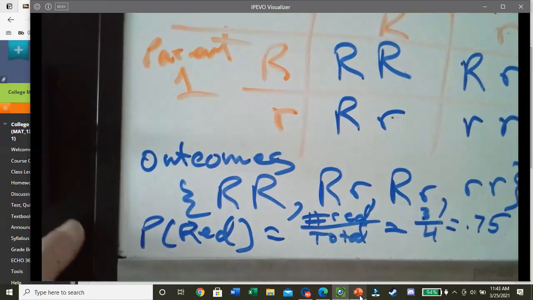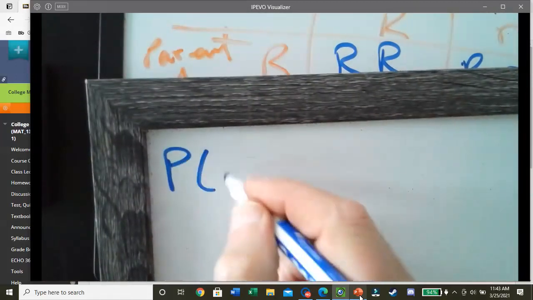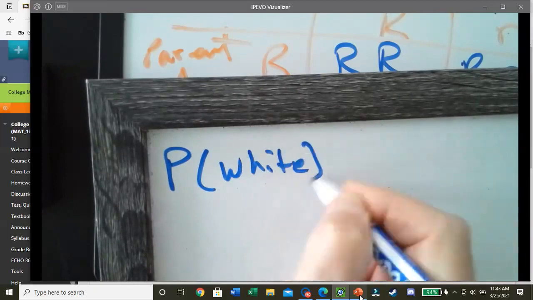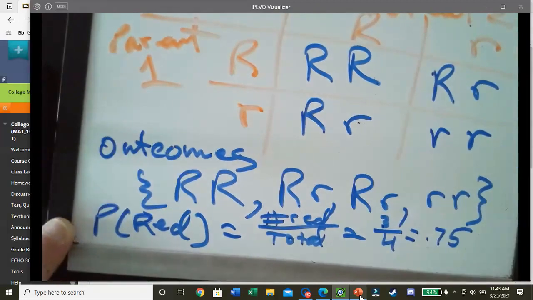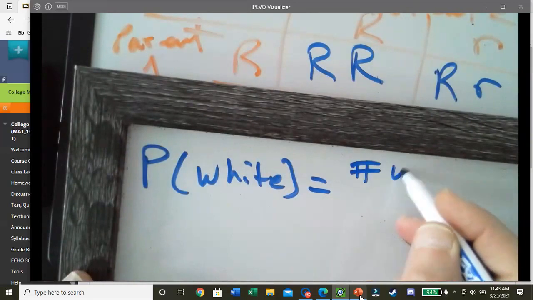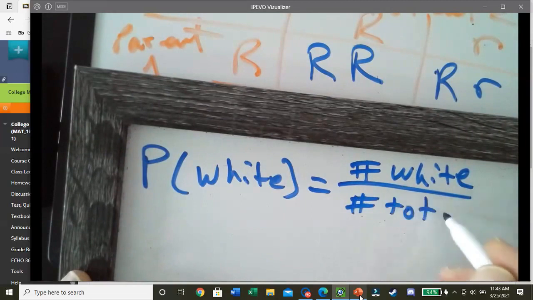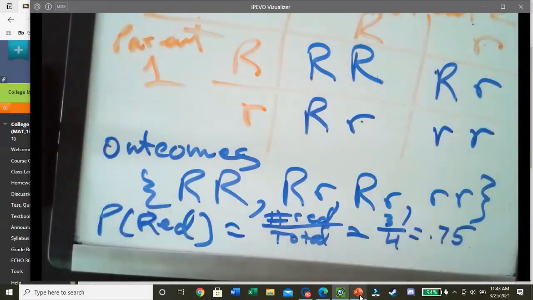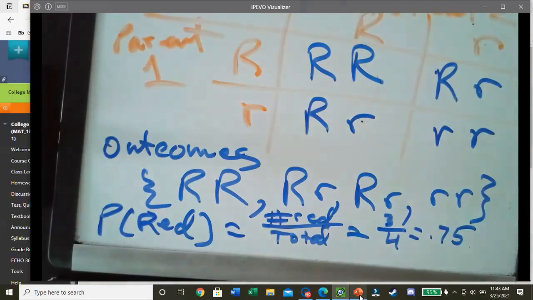So if you did white, use this board. If we looked at the probability of white, what would that be? Here's our sample space, right? So this would be the number of white over the total. Okay, so how many white do we have here? 1 over total of what? 4.